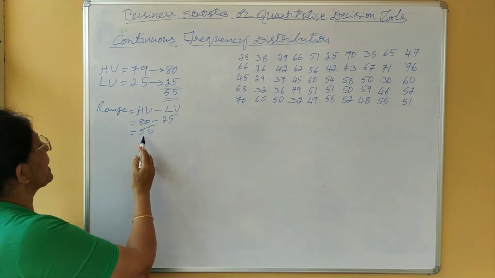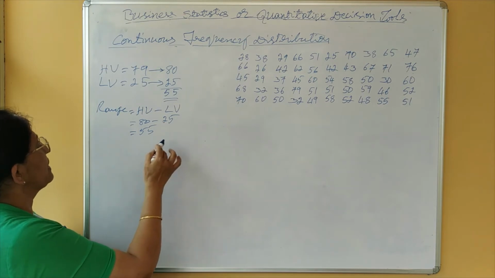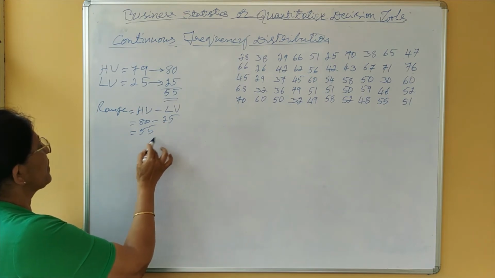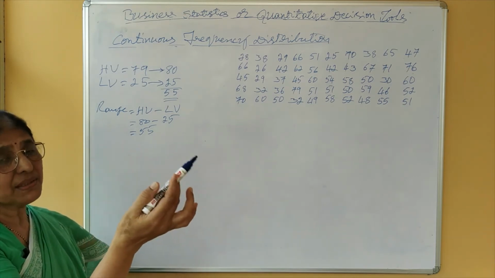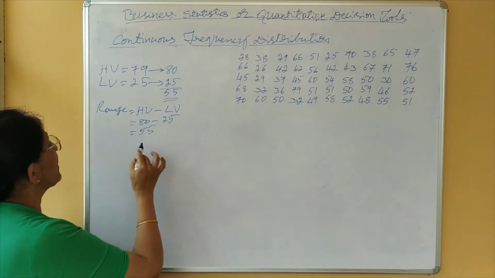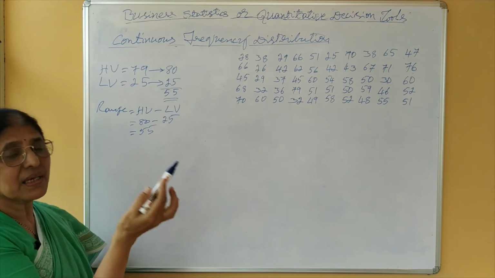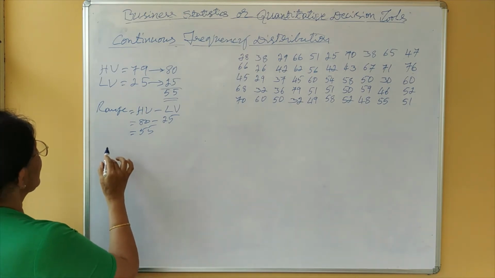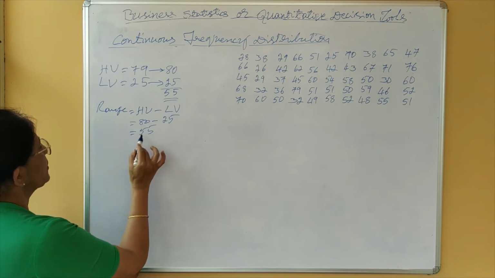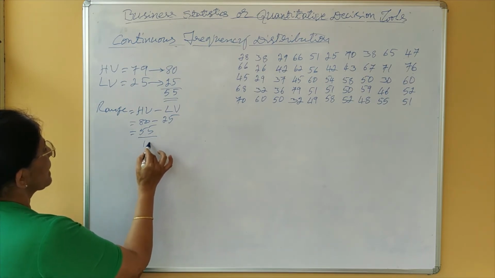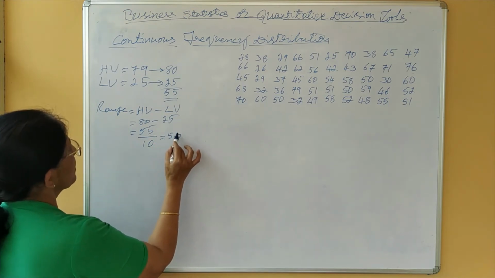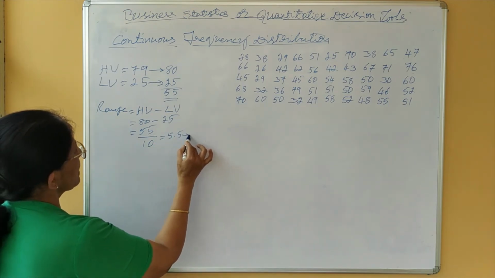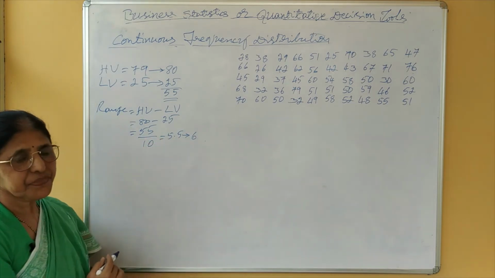Now, if you take class interval as 5, then 55 divided by 5, you will get 11 classes. If you don't want that many as 11 classes, then we may take the class interval as 10. If you take class interval 10, then what happens? Number of classes is range divided by the probable class interval, so you will get 5.5, which is rounded off to 6.